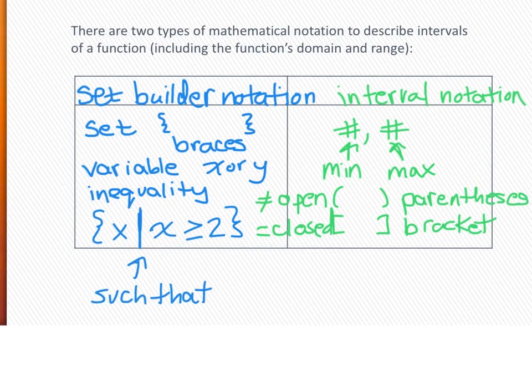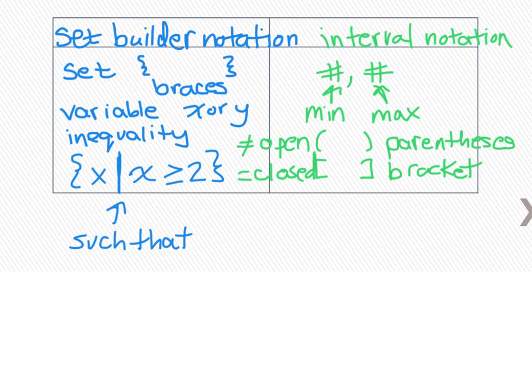So if I were to write this same example that I wrote in set builder in interval notation, I would go with my minimum number here. My minimum number is 2, and I wrote greater than or equal to 2, so I've got 2 as my min, and it is equal to, so I'm going to use a bracket.